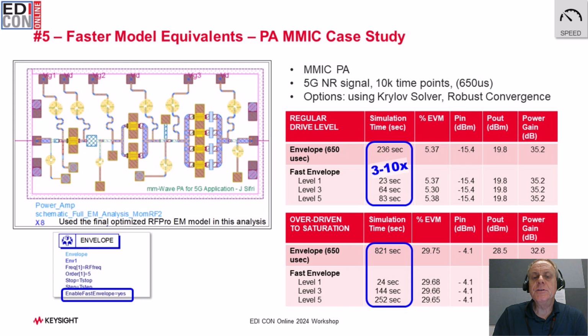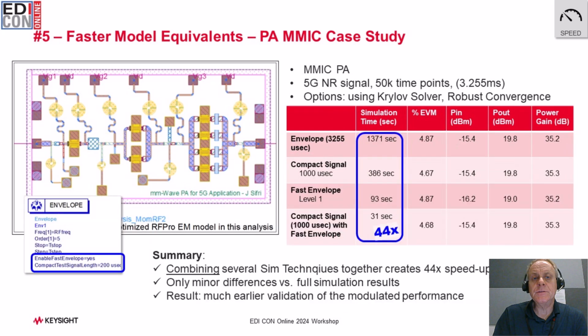And just using this behavioral modeling equivalent gives you 3 to 10 times a speed up with very little change in the EVM, as well as ACLR and power and gain and so forth. Even when overdriven into saturation, it still shows a speed up.